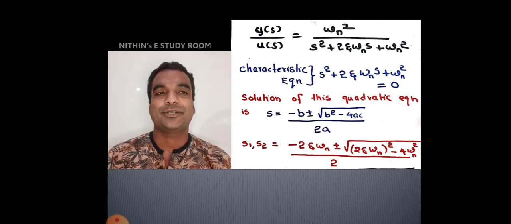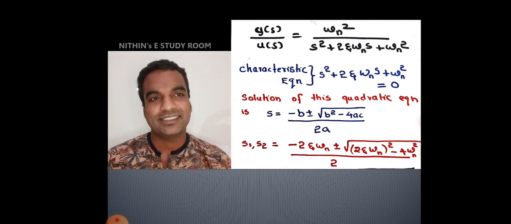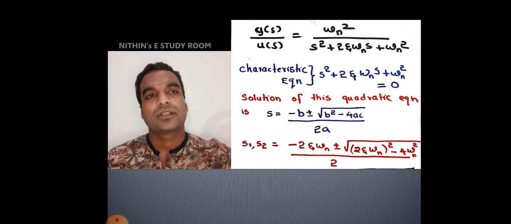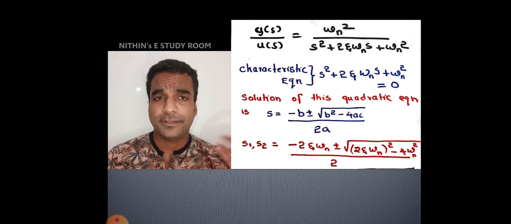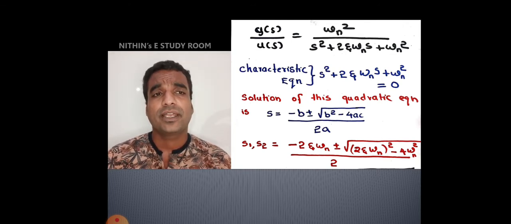So in this equation, what is a, what is b, what is c? A is the coefficient of the s square term, that is 1. B is the coefficient of the s term, that is 2 eta omega n. And c is the constant term omega n square, that is the coefficient of s raised to the 0th power. We can say it like that also. So a, b, c are clear.